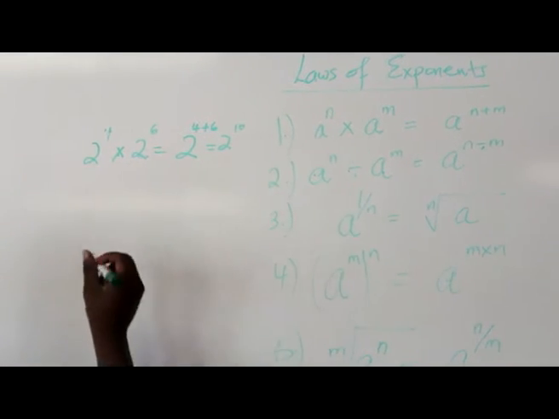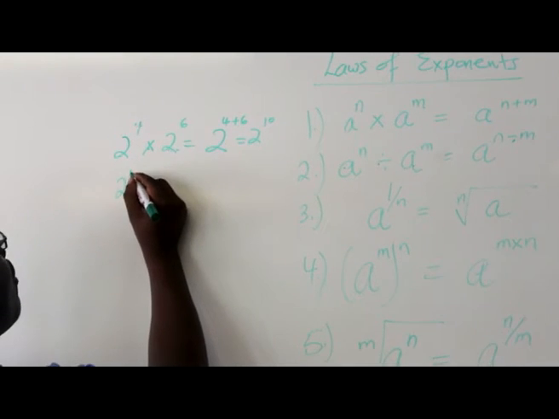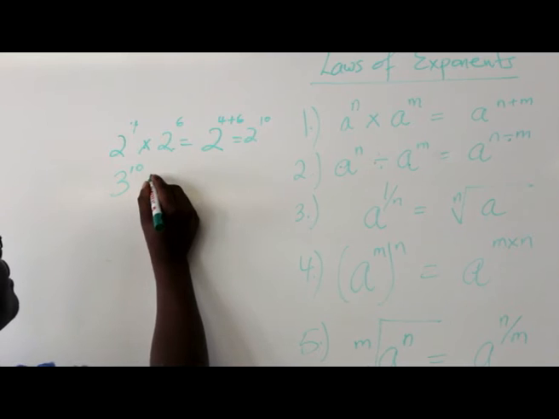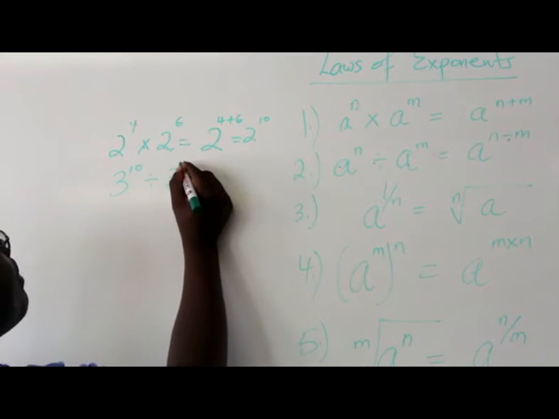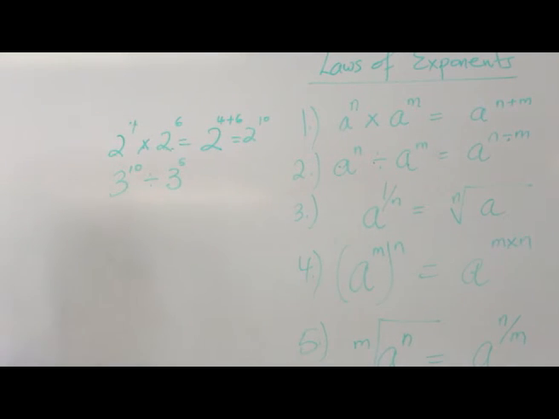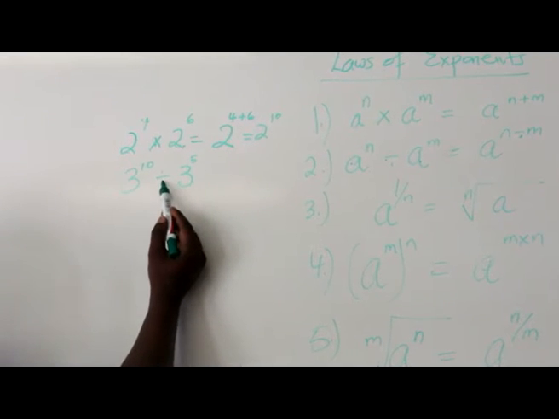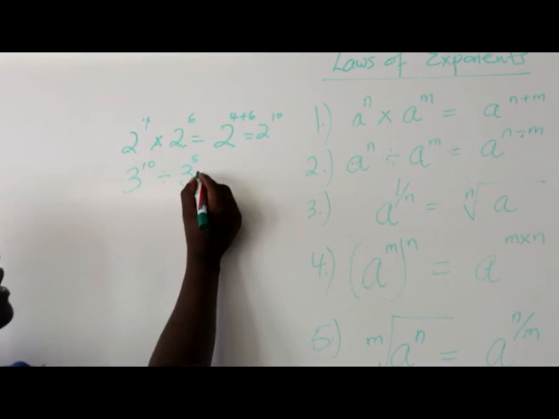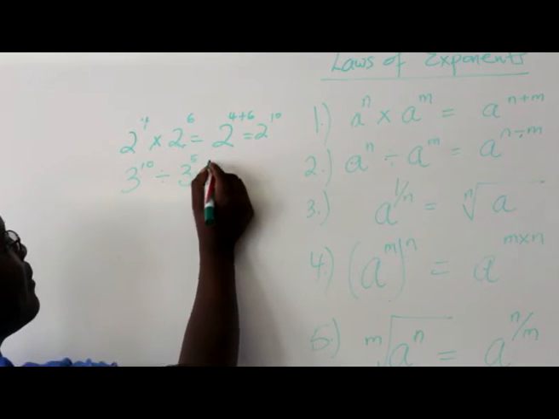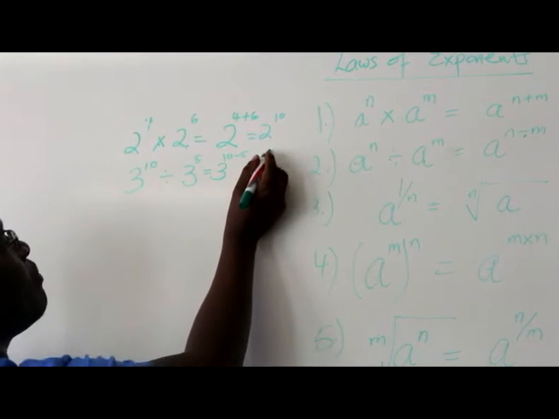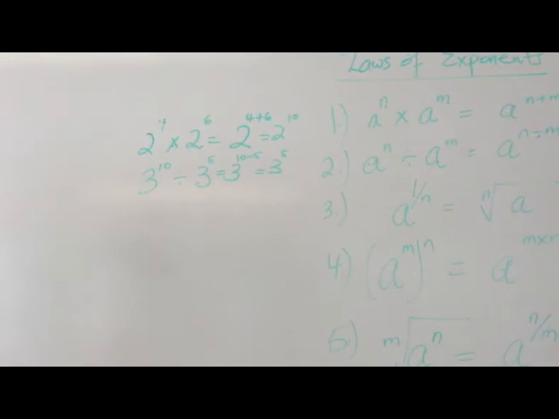Let's use another example, 3 to the power of 10 divided by 3 to the power of 5. Same base, division, subtract exponents. So your answer would be 3 to the power of 5.